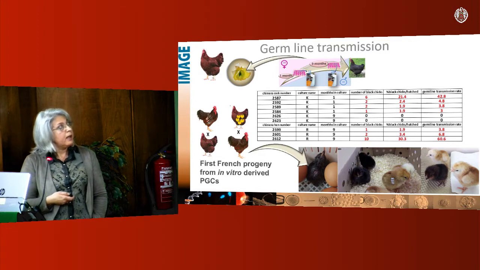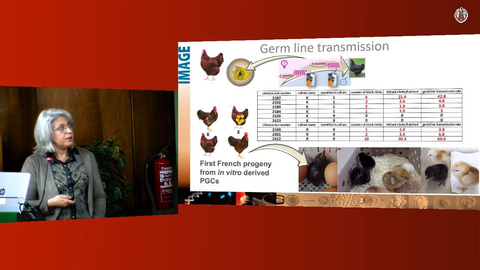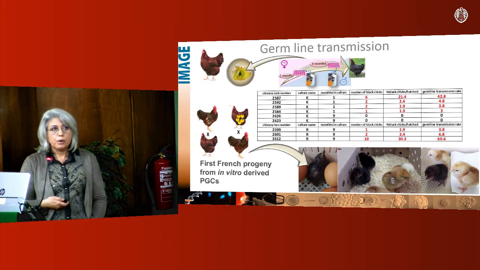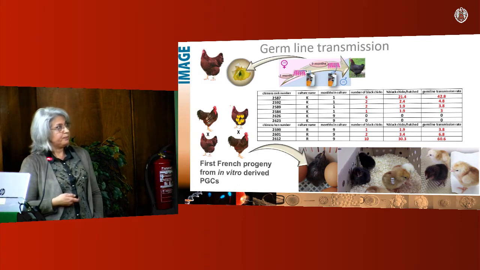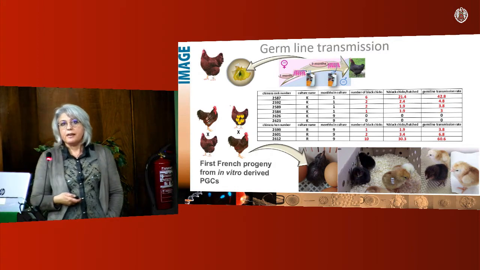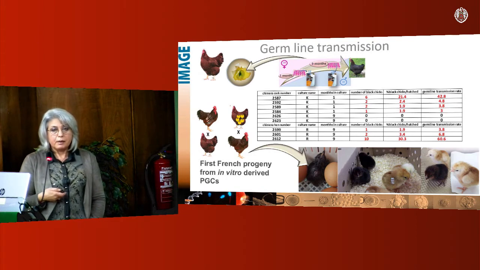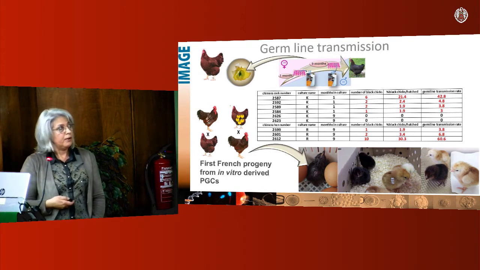Moreover, we could not obtain progeny from long-term male PGC cultures. In contrast, we obtained progeny from long-term female PGC cultures. So this may indicate that the impact of long-term culture, which was more important for male PGC, compromises the reproductive capacities of these cells.